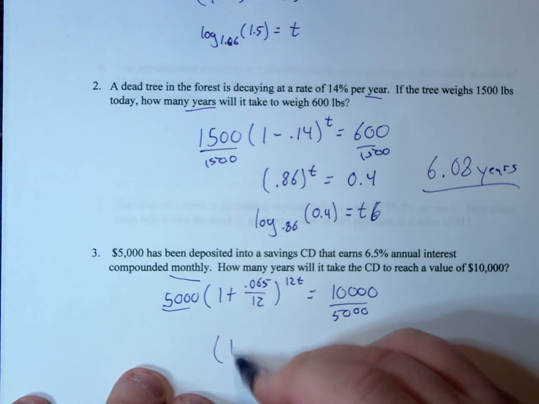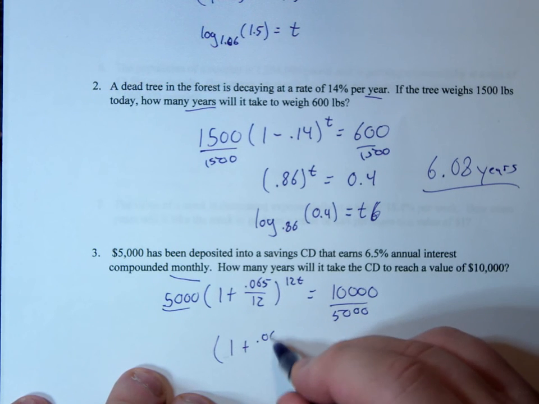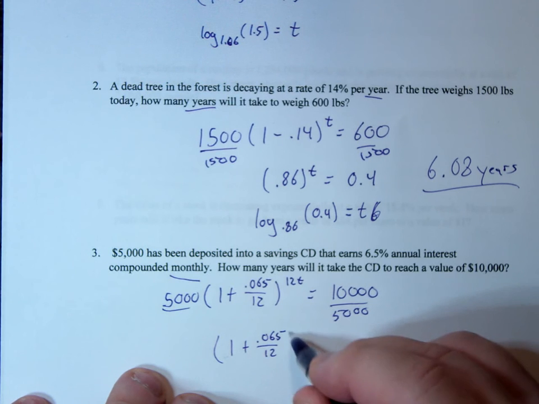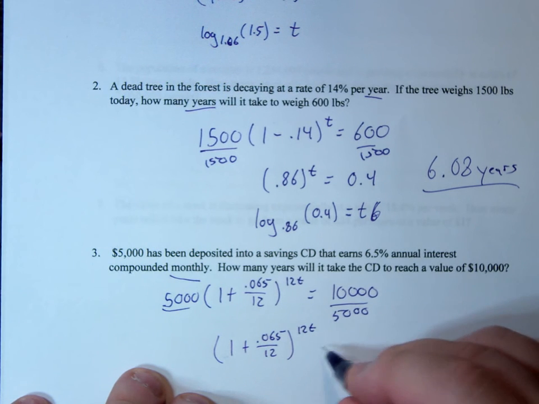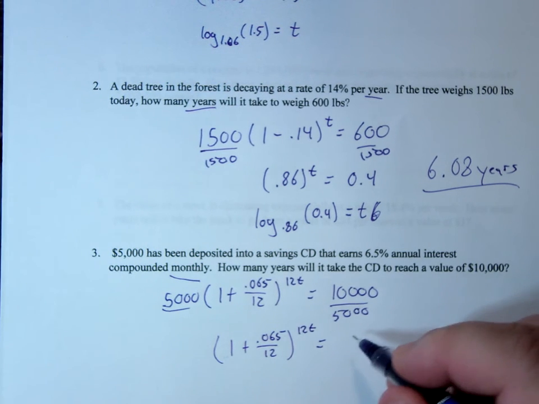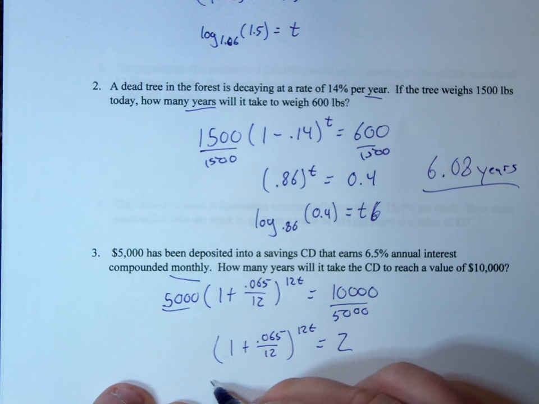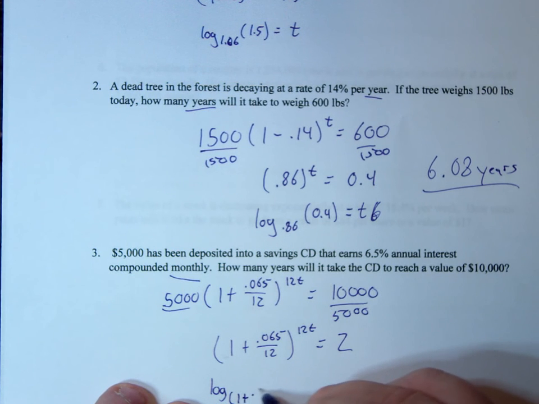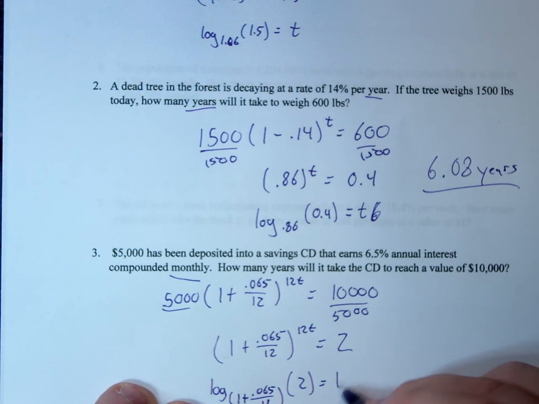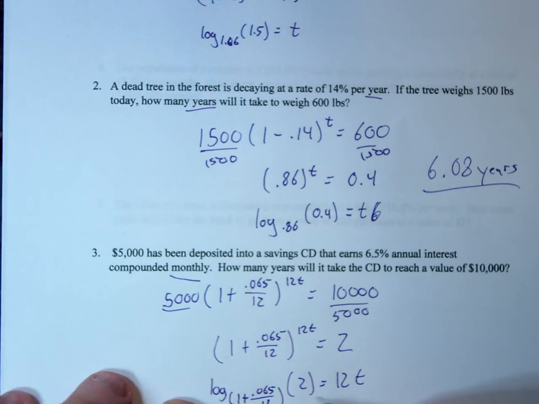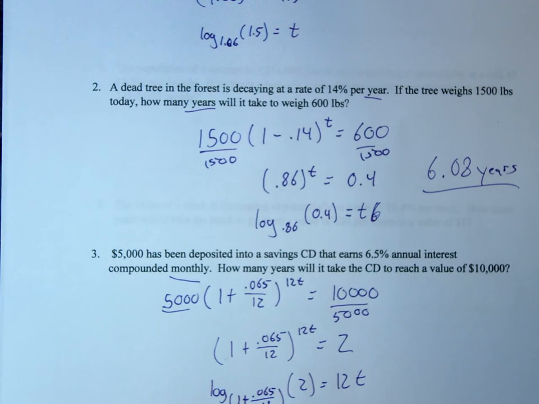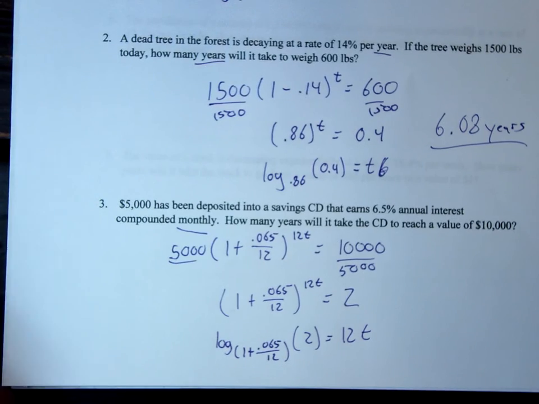This number I'm not going to mess with until I start using my calculator. To the 12t equals 10,000 divided by 5,000, which is 2. So it would be log base 1 plus 0.065 over 12 of 2 equals 12t. Once I get that number, I have to divide it by 12 to get that answer.